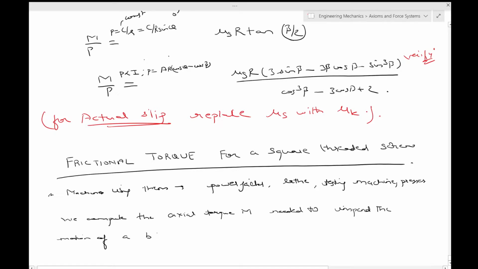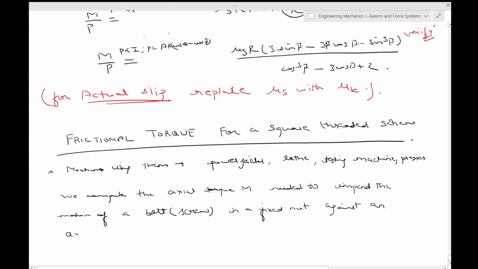So bolt is a kind of screw, but we might call it screw in this particular section, in a fixed nut. By this time you have seen how nut and bolt go with each other, against an axial thrust P. So we compute the axial torque M needed to impend the motion of a bolt in a fixed nut against an axial thrust P. So similarly M by P is what we have to find.